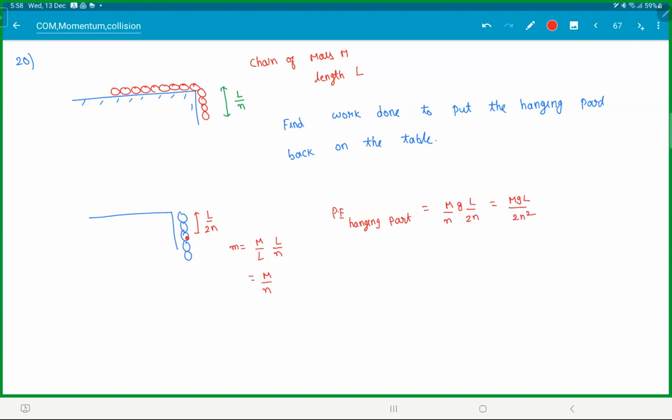Check it out. So that's the potential energy. So when you put it back, you need to give this much energy. This will also equal the work done. Finally, potential energy is 0. Initially, it is this, mgL by 2n square. Yeah, mass is m by n.